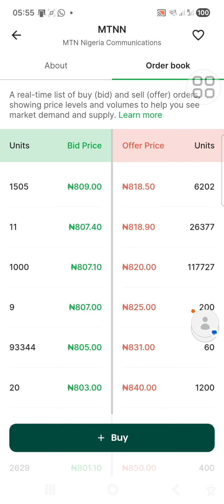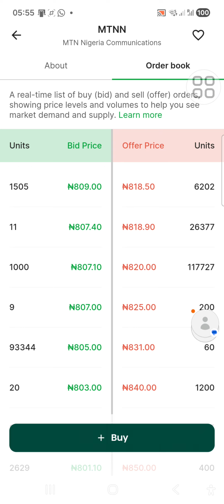Remember, MTN is 820 naira, and you should always compare the lowest offer price against the highest bid price. So the lowest offer price in this case is 818 naira 50 kobo, and the highest bid price is 809 naira.